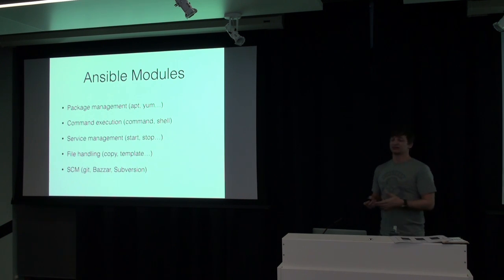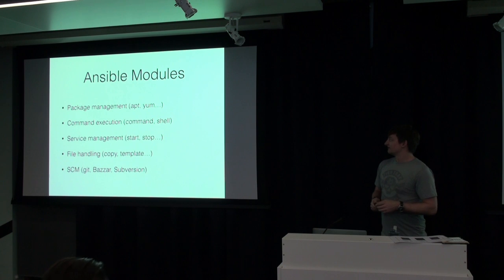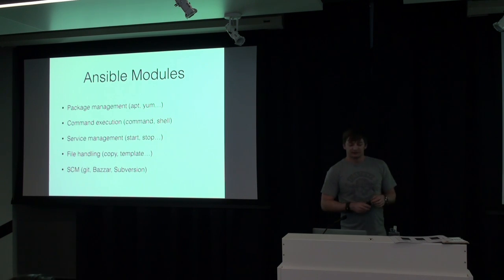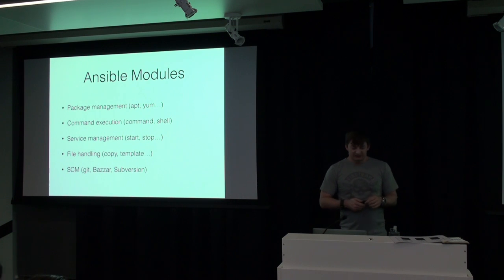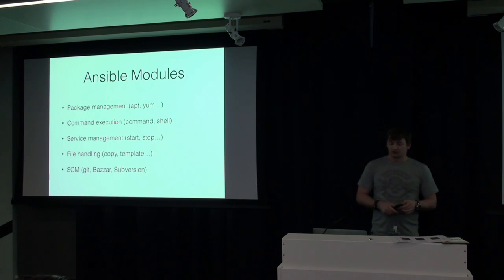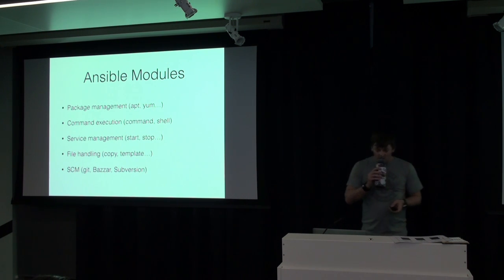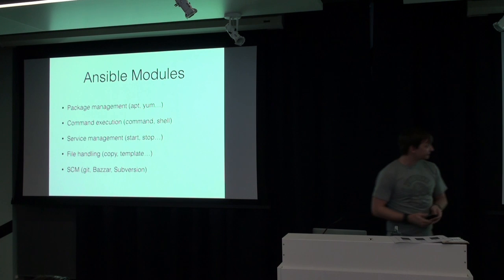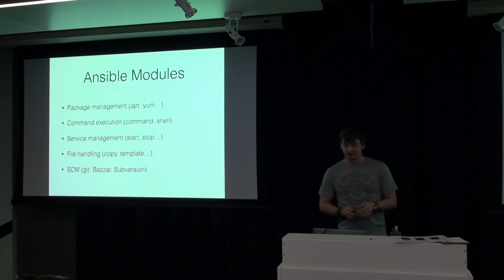It restarts or starts or stops daemons. And it does a lot of file handling, so you can copy files to your server or use templating to generate files. And it also has a source code management module supporting Git, Bazaar, and Subversion. So this is the stuff that's already there, ready for you to use.